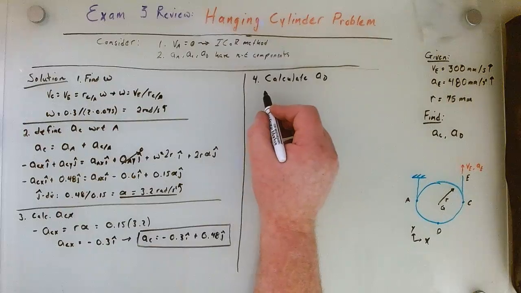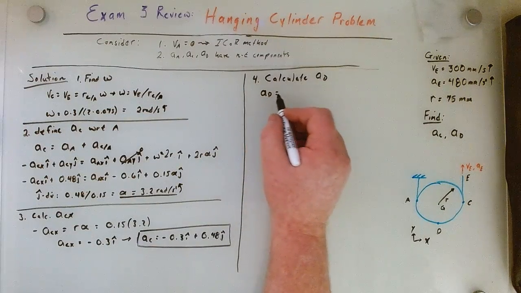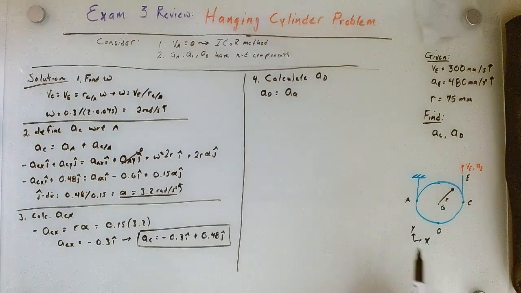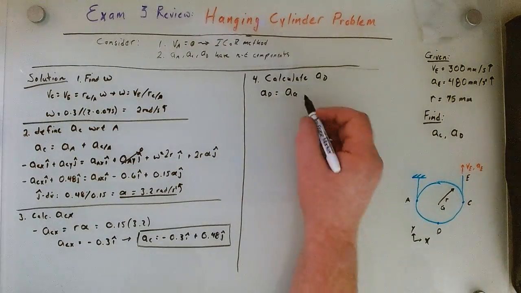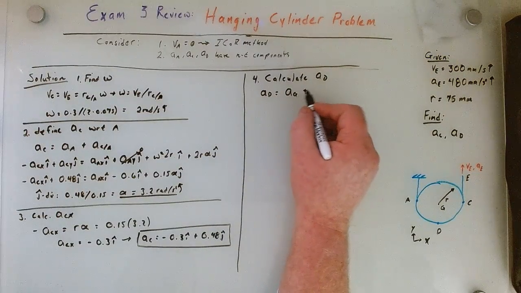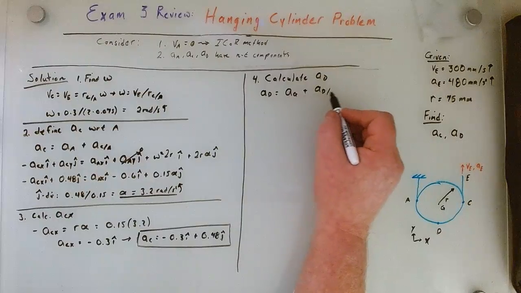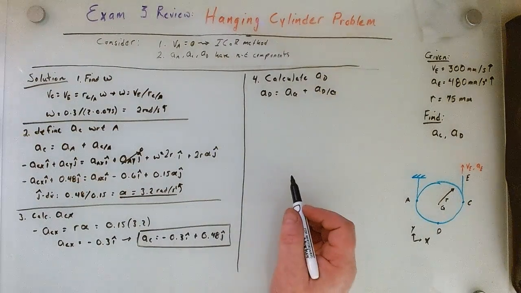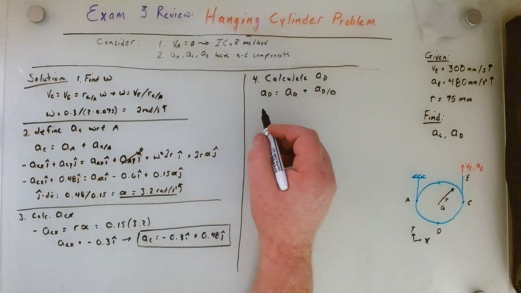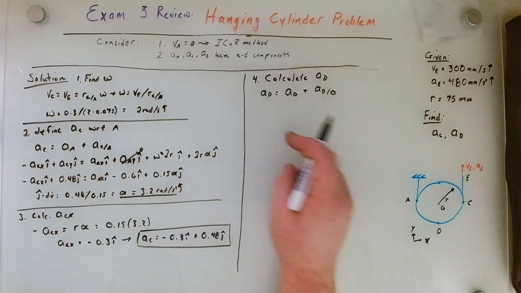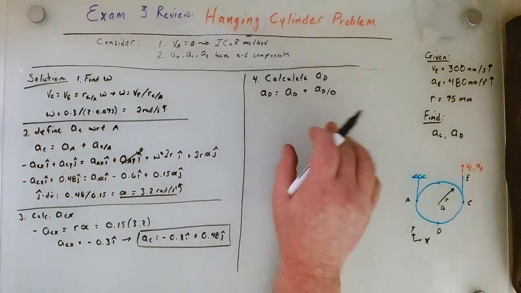So again, A sub D is equal to, and this time let's go with A sub G because it's straight up and down, and then the geometry is just quite a bit easier. A sub G plus A sub D with respect to G. All right, so we have this. I don't think we're going to need to break this into components. I think we have enough to solve this.